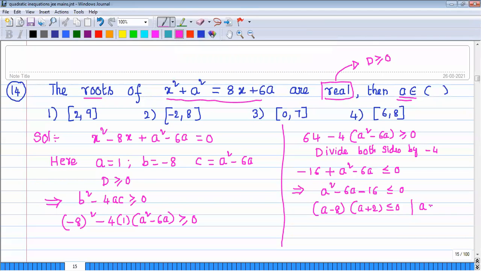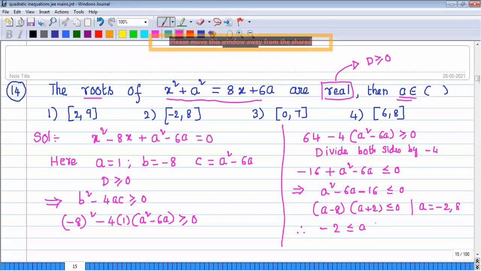Here the a values are minus 2 and 8. So as per the inequality, a lies between minus 2 and 8. Therefore, a belongs to minus 2 less than or equal to a less than or equal to 8. So a belongs to closed minus 2, 8. So that means the second option is the right option.